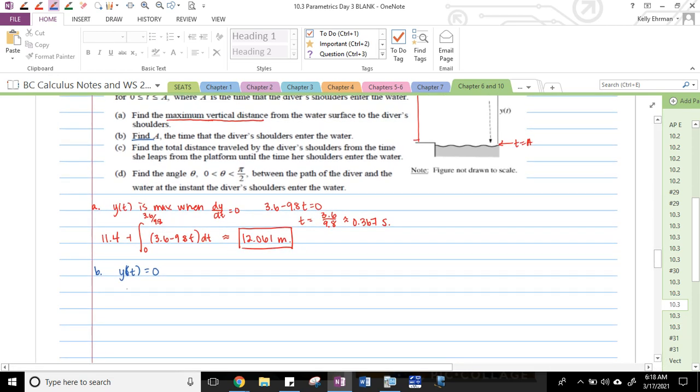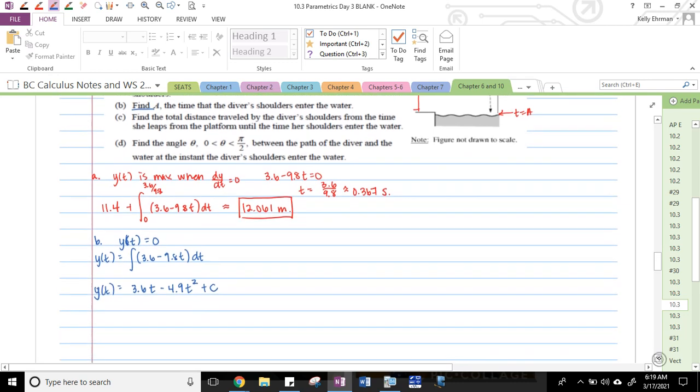So y of t is equal to the integral of dy/dt, which is 3.6 minus 9.8t dt. So we know that's 3.6t minus 9.8t squared over 2, which is 4.9t squared, plus some c.